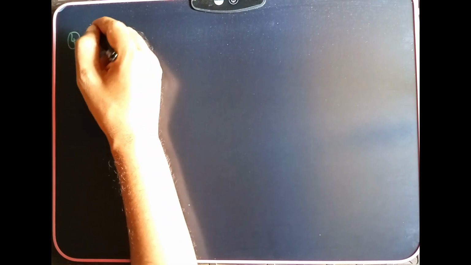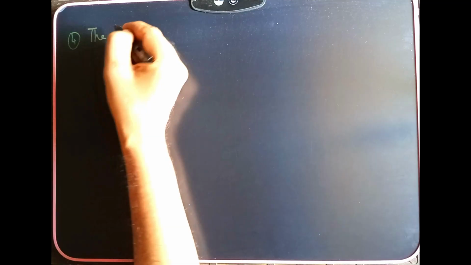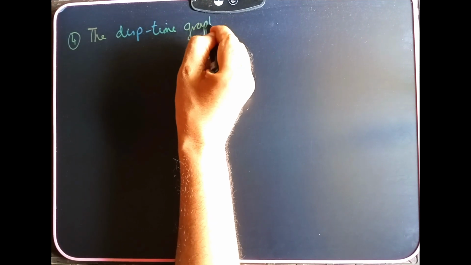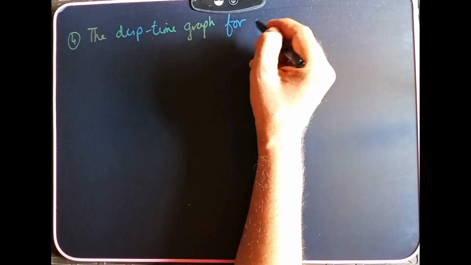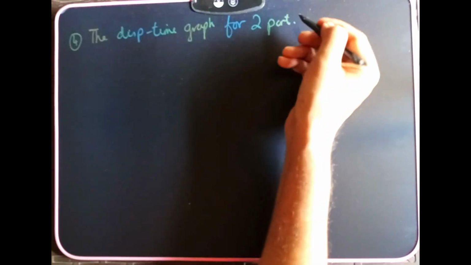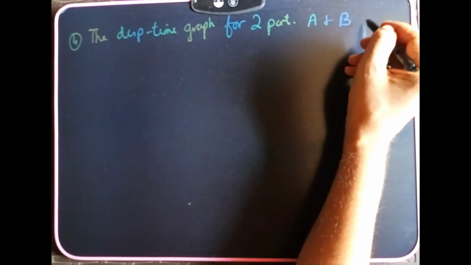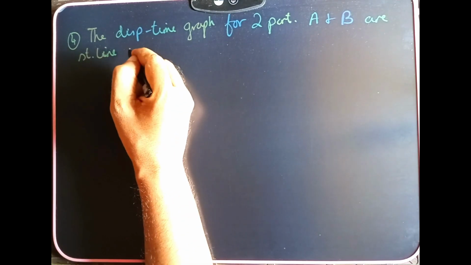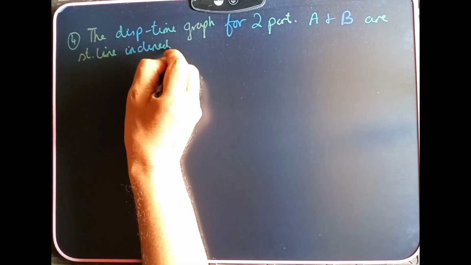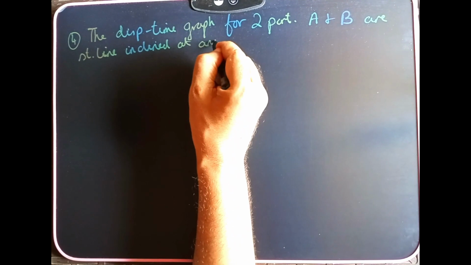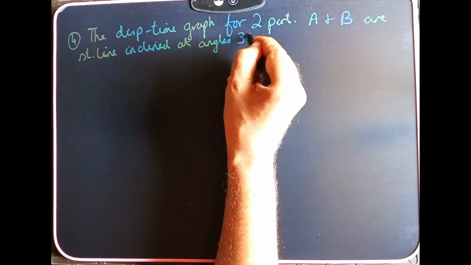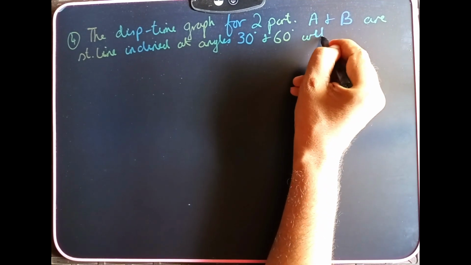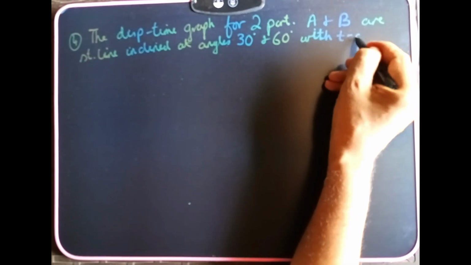Question number 4. The displacement-time graph for two particles A and B are straight lines inclined at angles 30 degrees and 60 degrees with the x axis, which is the time axis.